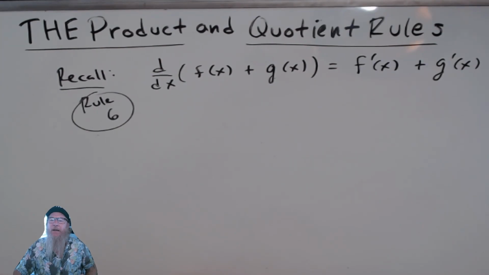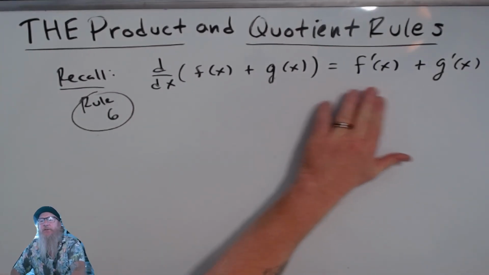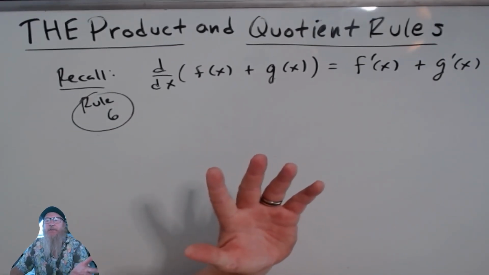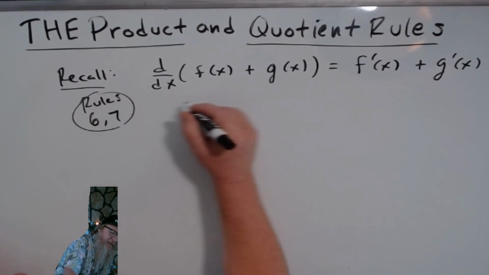In other words, we say the derivative of a sum is equal to the sum of the derivatives. So these are rules 6 and 7.